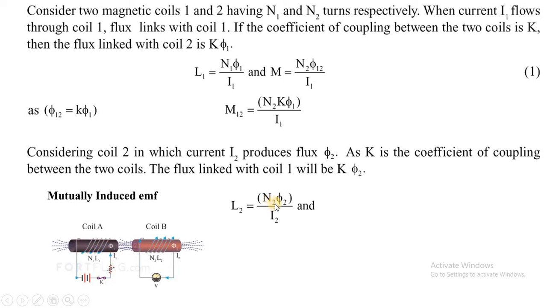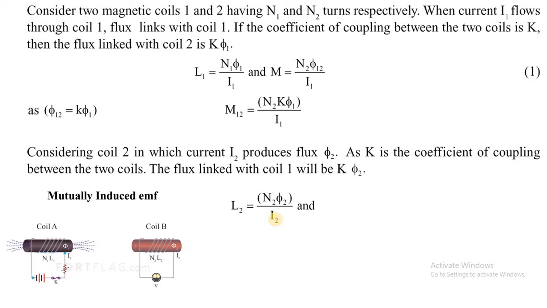So N of coil 2, that is N2, the flux provided by coil 2, that is phi 2, divided by I, the current flowing through coil 2 because of the battery connection, called I2. So the self-inductance of coil 2, that is L2, is equal to N2 into phi 2 divided by I2.